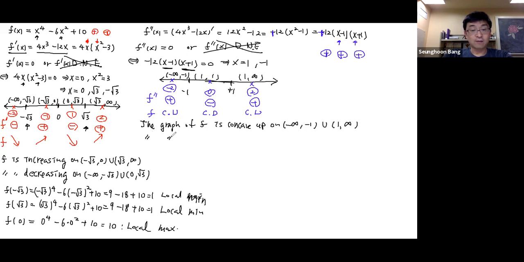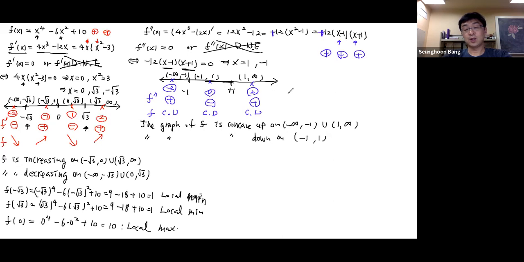The graph of f is concave down on only the middle interval, minus 1 to 1. So that's it. The 6th problem, inflection point.